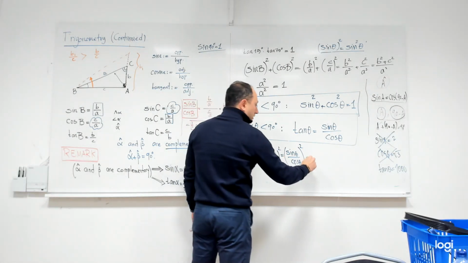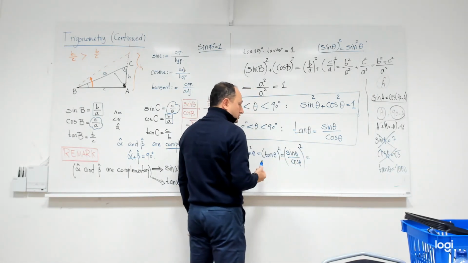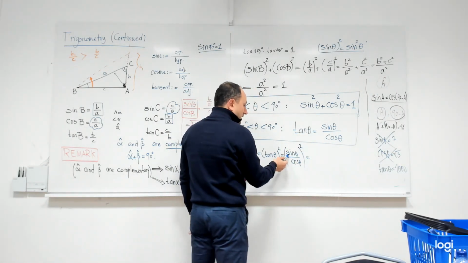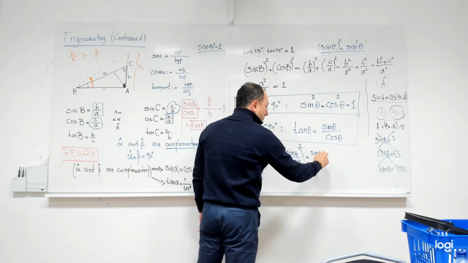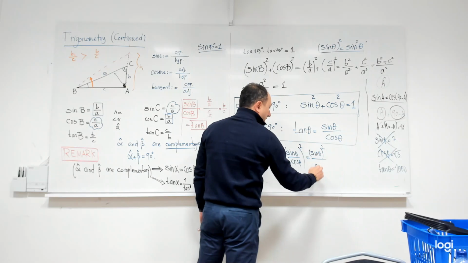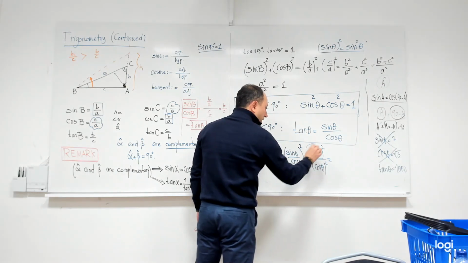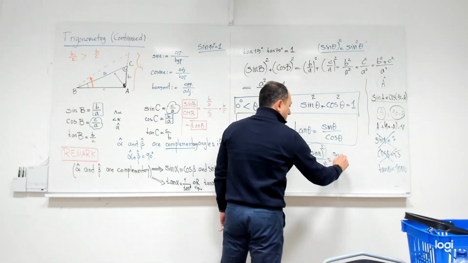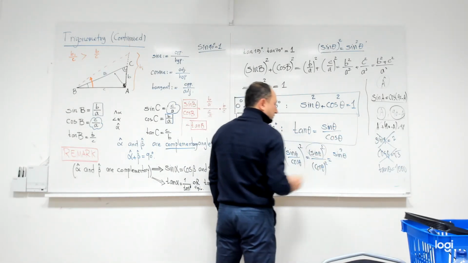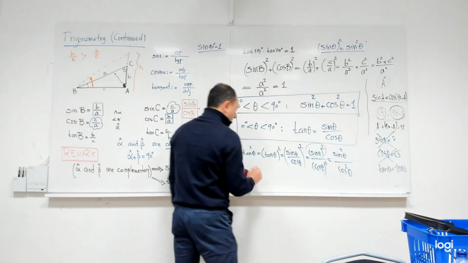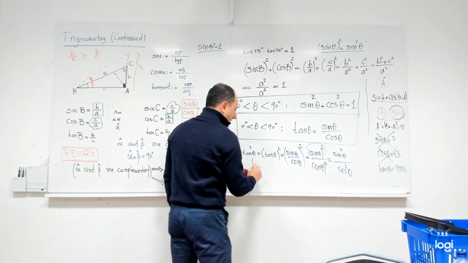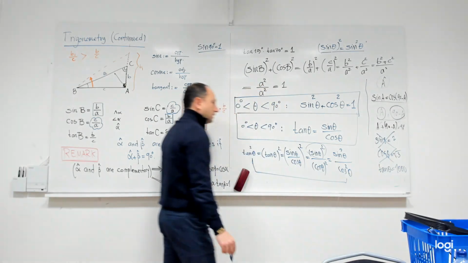But then we learned in the very first sessions that if I have a fraction and I want to raise it to power 2, I have to take the numerator to power 2 and the denominator to power 2. But then there is a short way of writing this: sine theta with the power of 2 here, and for the cosine the same thing. So now you see that if you do not do these intermediate steps, it is immediately clear that these two are the same.